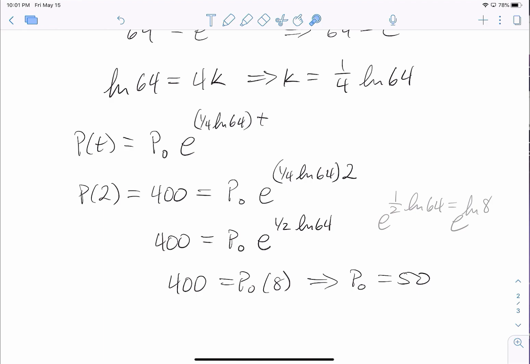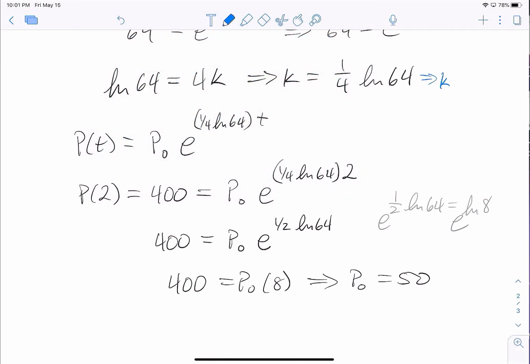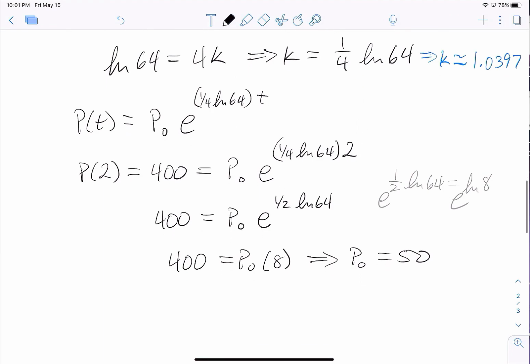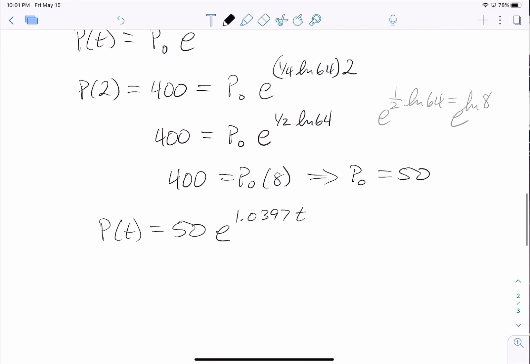But at this point, I think it would be appropriate for us to say that k as a calculator value is approximately 1.0397. With that in mind, we can flesh out the equation fully. P of t is equal to 50, that replaces the p sub 0, e to the 1.0397t, where the 1.0397 is the relative growth rate.